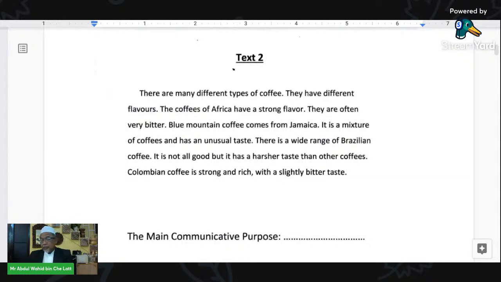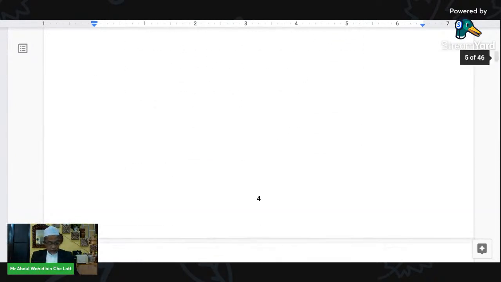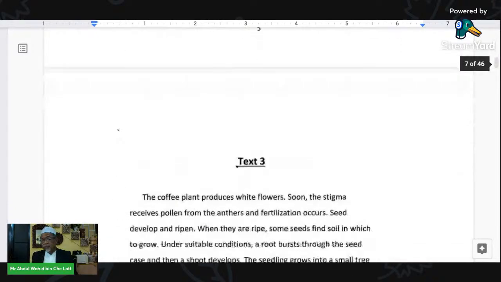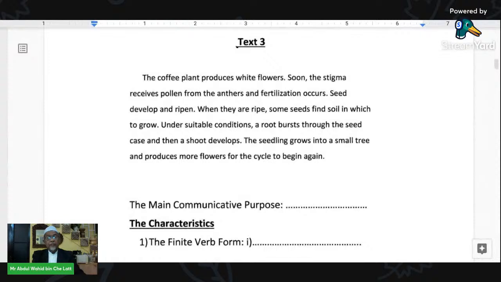Okay, ladies and gentlemen, let us study text 3. The coffee plant produces white flowers. Soon, the stigma receives pollen from the anthers and fertilization occurs.